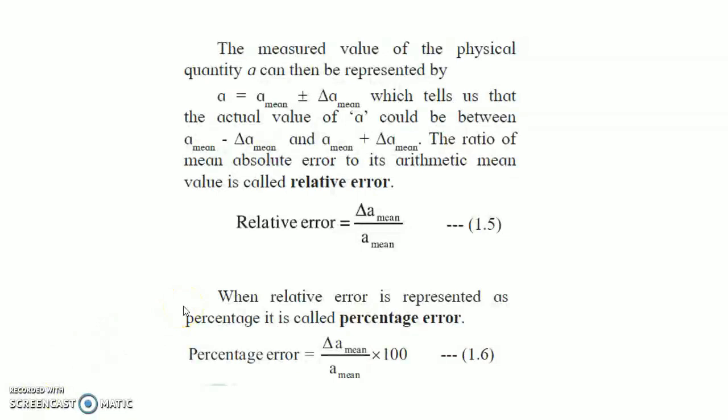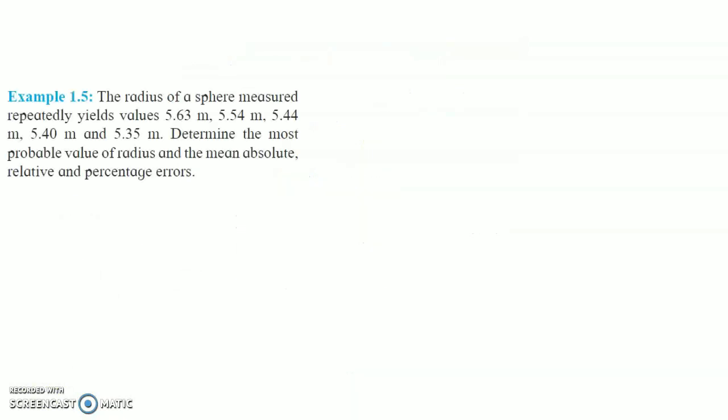So now we will be solving a numerical by using all of these formulae. The radius of a sphere measured repeatedly yields values 5.63 meter, 5.54 meter, 5.44 meter, 5.40 meter, and 5.35 meter.